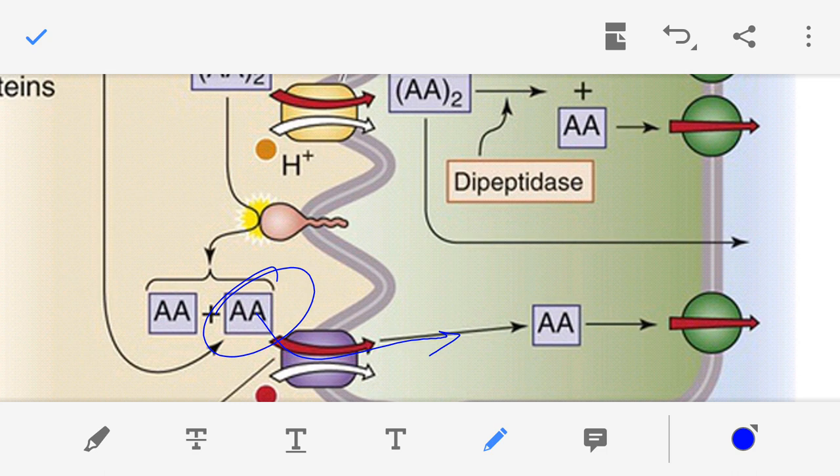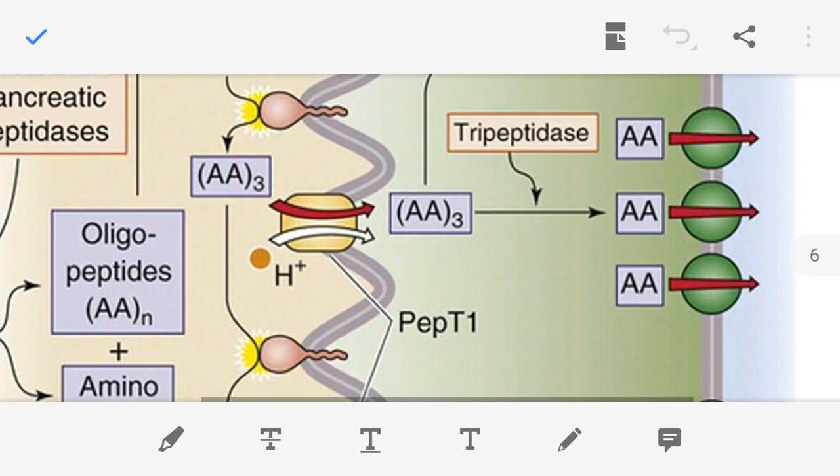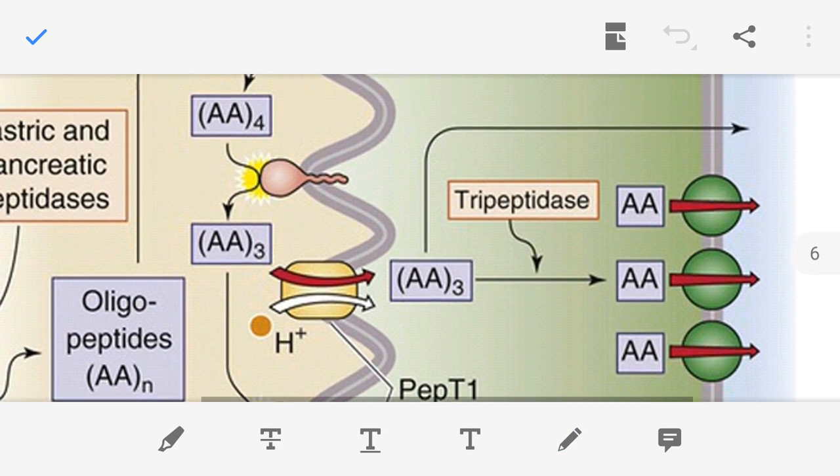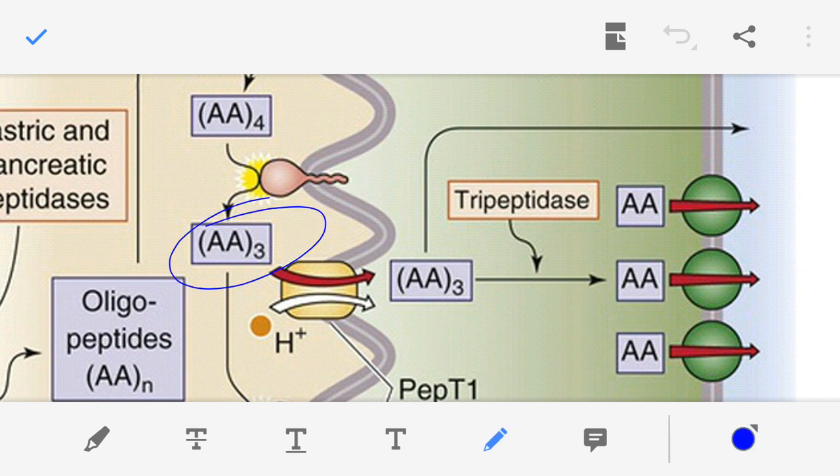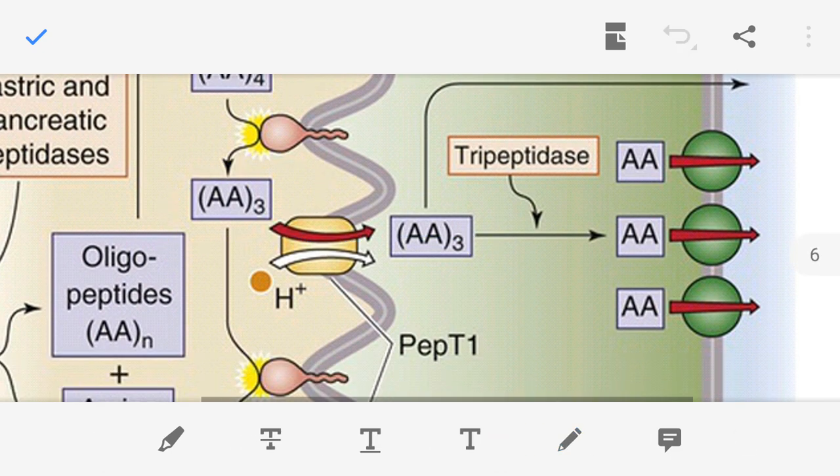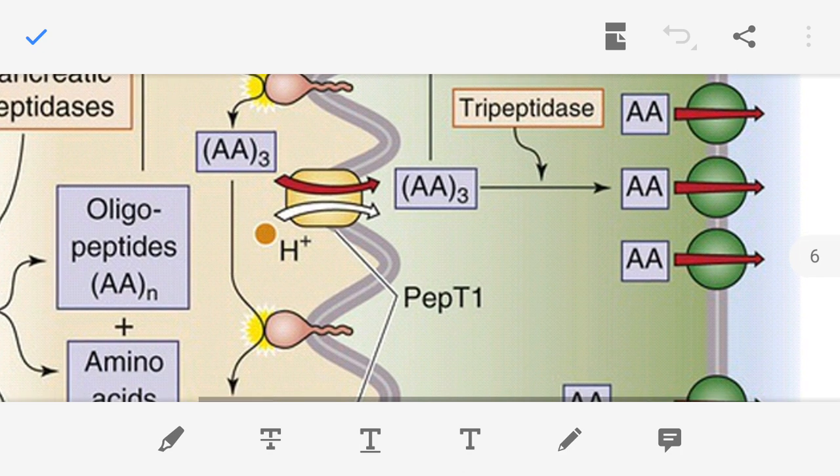the carrier protein. Then see this AA3. AA3 means amino acid, amino acid, amino acid, that means a tripeptide. Once the tripeptide is formed, there are two routes for it. This tripeptide can enter into the cytoplasm, or it can be further digested.